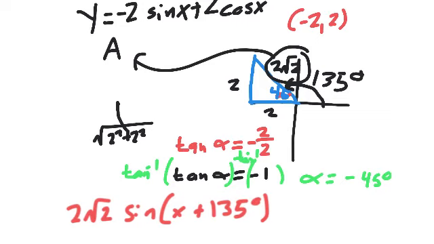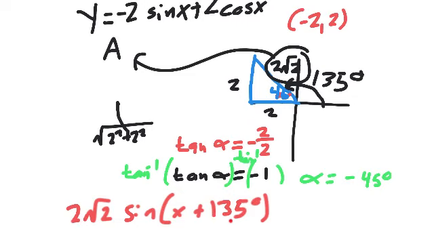Now, does this look like anything that we've done in this class? Anybody, does that look familiar to anybody? Okay, you might remember where we did graphs of the trig functions, where this would be the amplitude, right? 2 radical 2 is the amplitude.